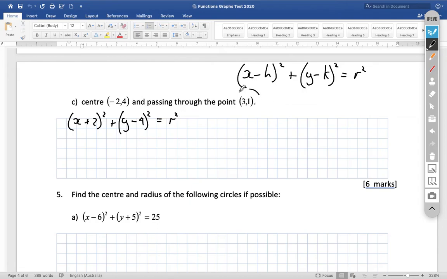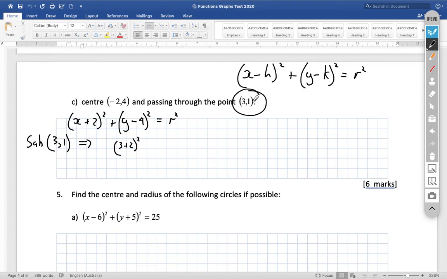But what I do know is that I've got a point on the circle that has to fit with this equation, right? So I can simply just substitute 3, 1 into this equation. So it follows that we would get 3 plus 2, all squared, right?